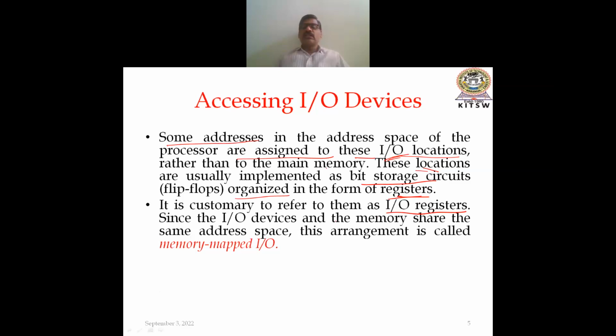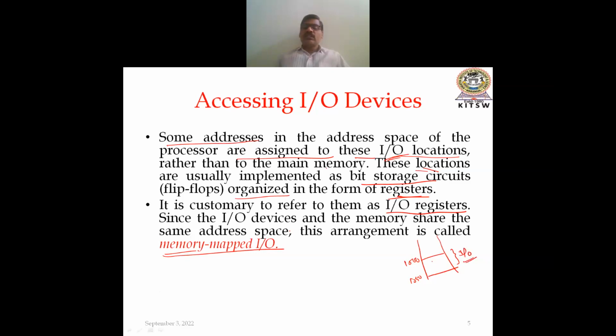Since the IO devices and the memory share the same address space, this arrangement is called memory mapped IO. That means in the main memory itself, some memory locations, some memory addresses, are designated for IO devices. For example, from memory address 1000 to 1050, these memory words are used for IO devices.